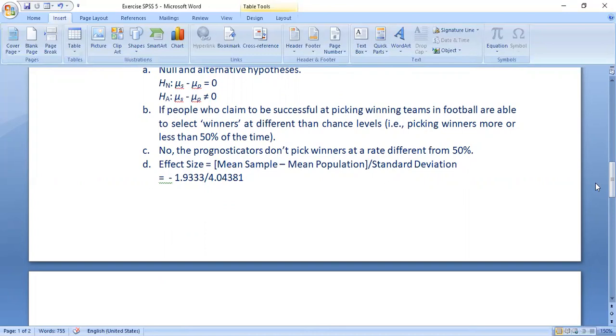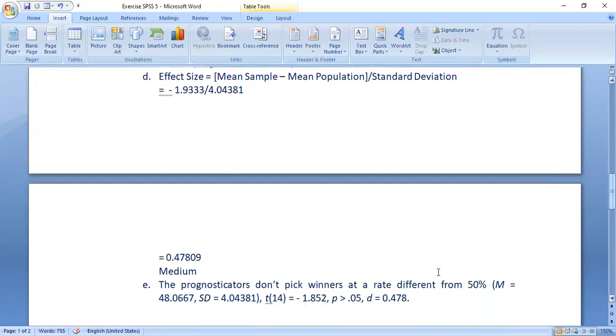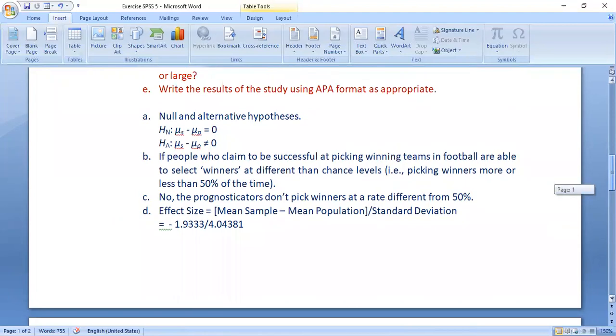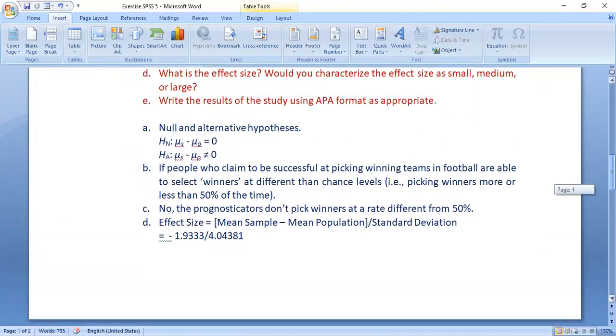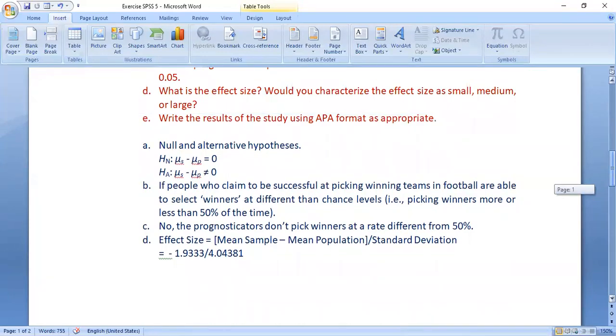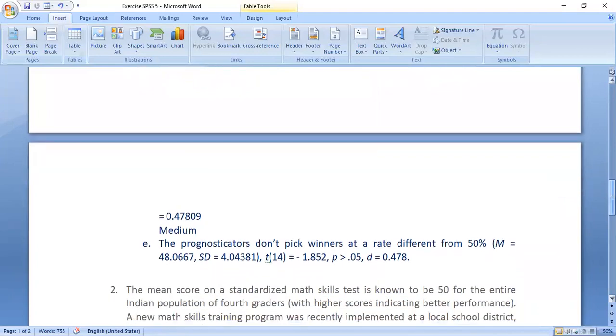So if we try to find out the actual value here, it comes to 0.47809. So the effect size d value is coming to 0.478.